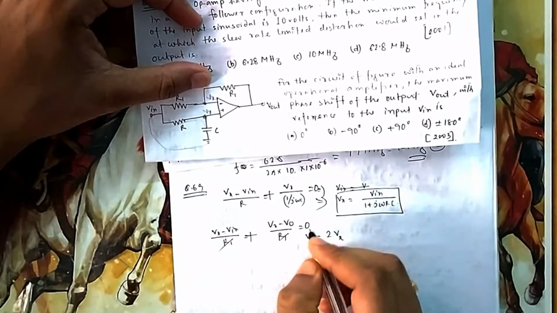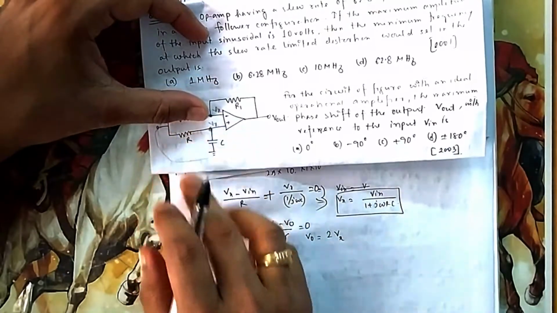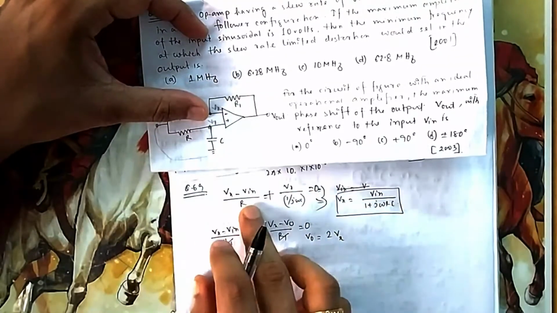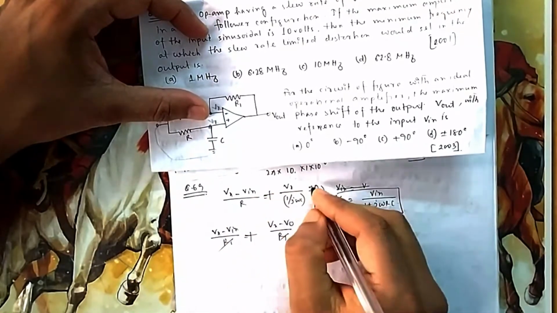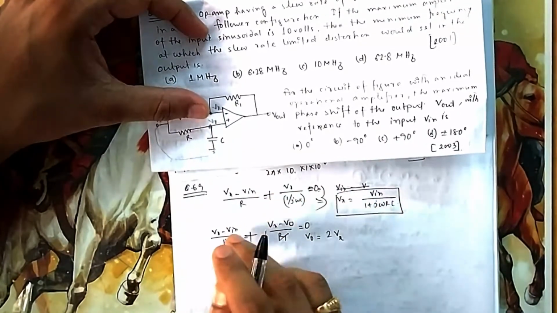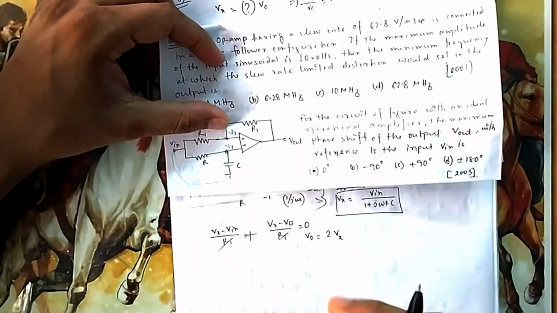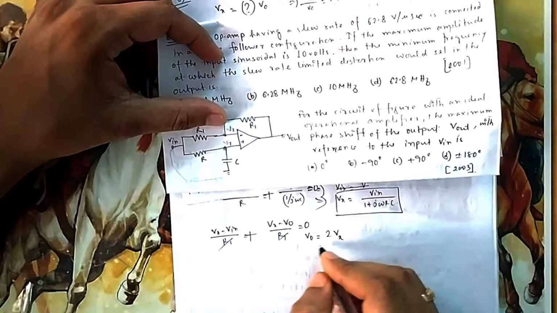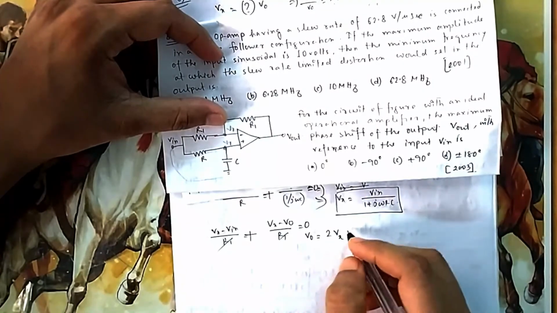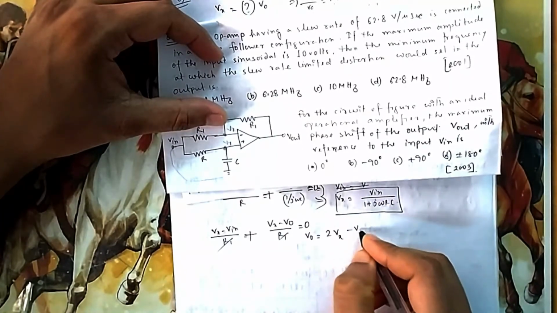So (Vx minus V in) by R, Vx by Xc, this plus equals 0, which will give you this answer. Again this plus (Vx minus V0) by R1, all outgoing current sum is equal to 0. That is my nodal. If you solve it, you will find your V0 equal to 2Vx minus V in.